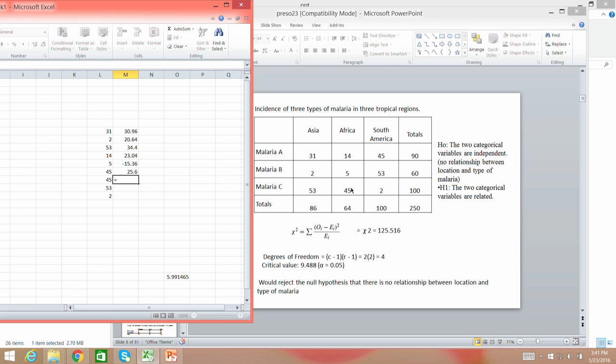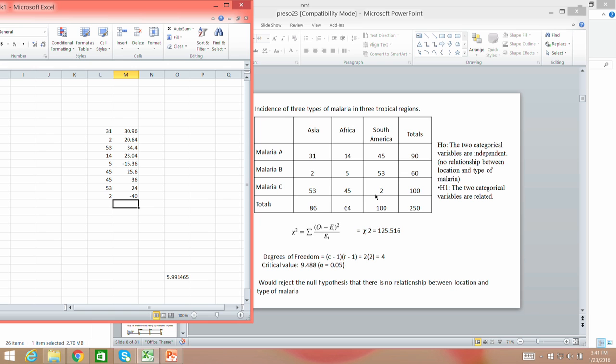The next one here will be equivalent to 45. So what do I do? 100 divided by 250 multiplied by 90. The next one will be 100 divided by 250 multiplied by 60. Then next one will be 100 divided by 250 multiplied by 100.